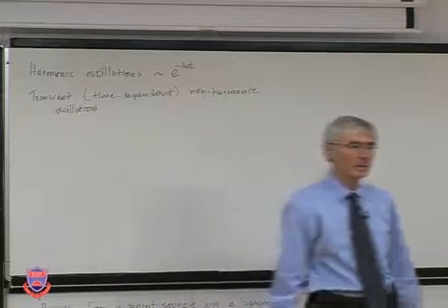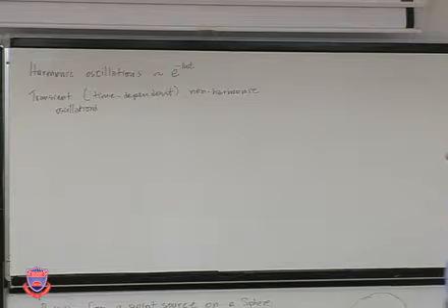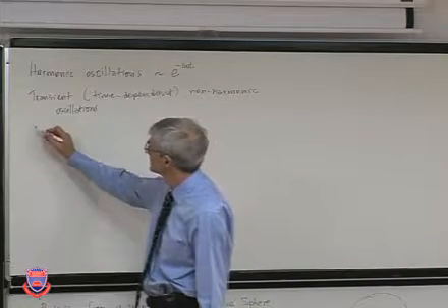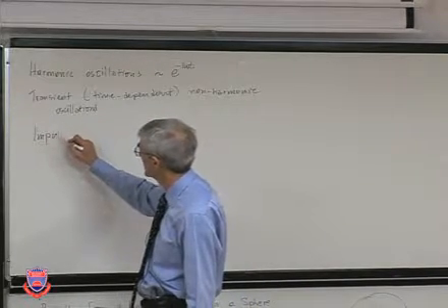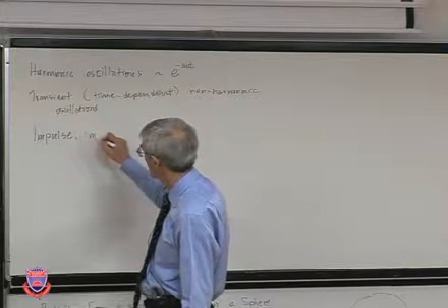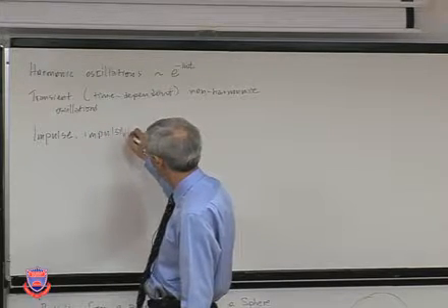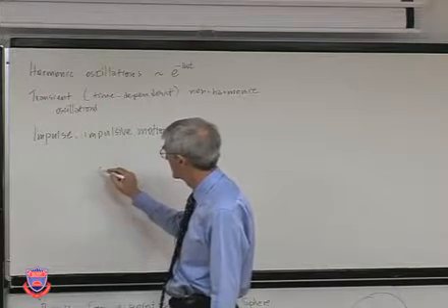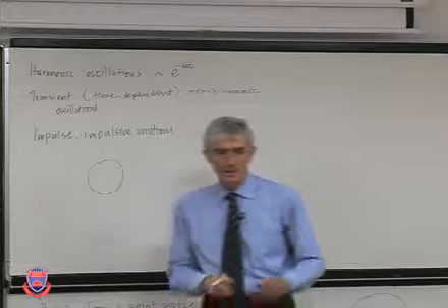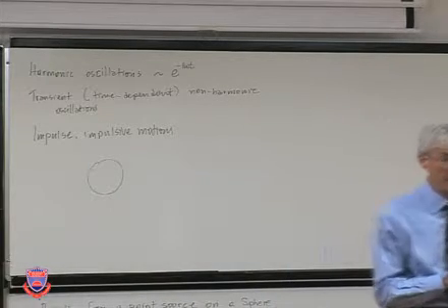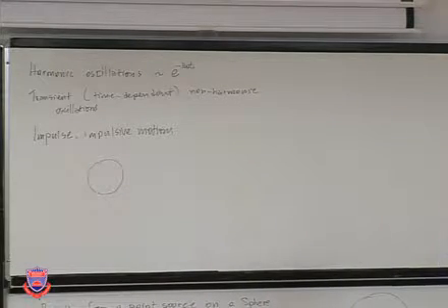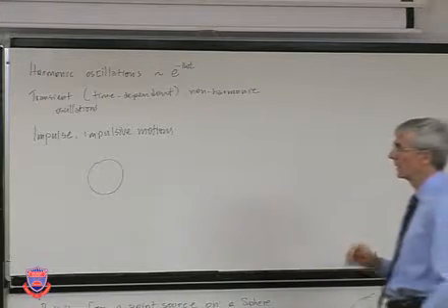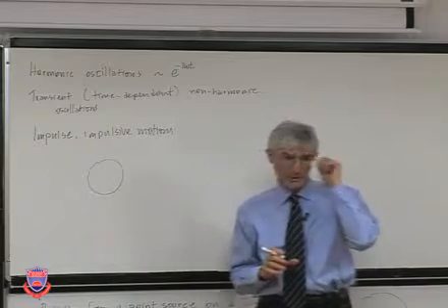Some of the common ones are impulse or impulsive motions. And one of which is, again, we use spheres just because mathematically it's easier to handle, and also they are quite representative of some of the actual things.